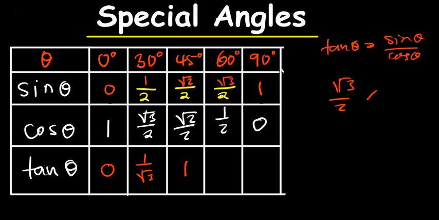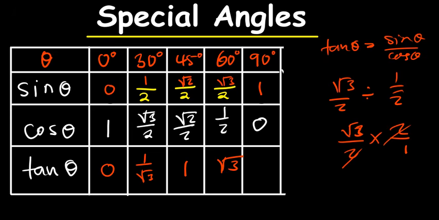Then you are dividing this by cos, which is 1 over 2. So it will be root of 3 divided by 2 times 2 over 1. These will cancel and I'll remain with root of 3 divided by 1, which is root of 3.